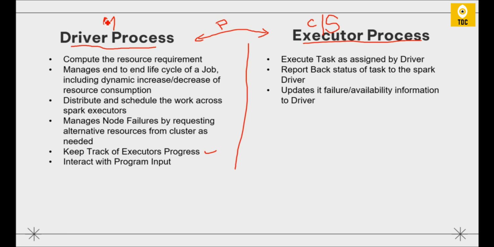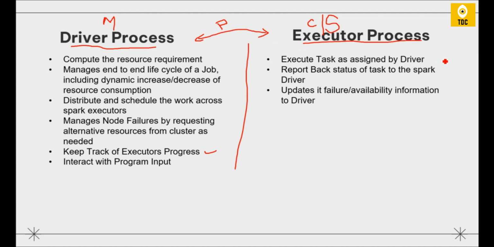Basically, the driver process is installed in the master node, and executor processes are installed in the child or slave nodes, and there will be continuous polling between the driver process and executor process, master and child. In this communication, all this information will be exchanged.